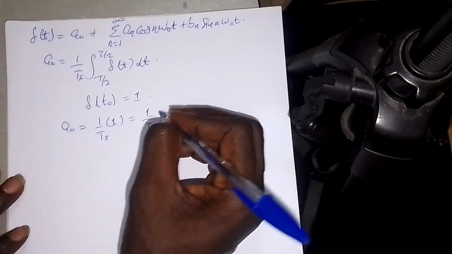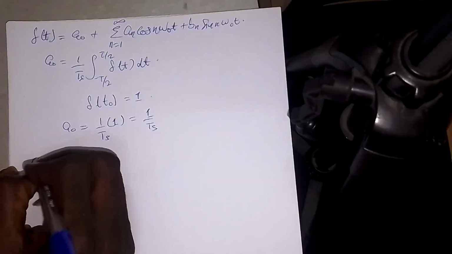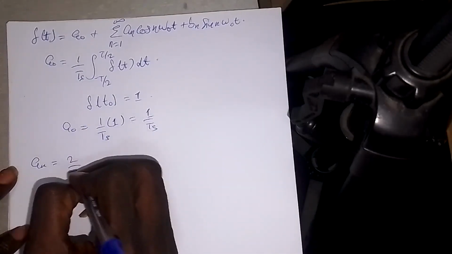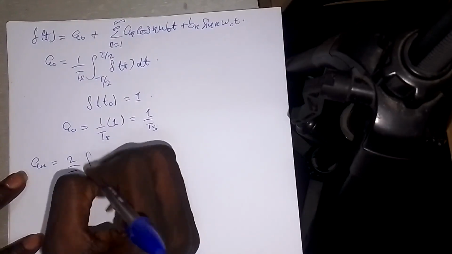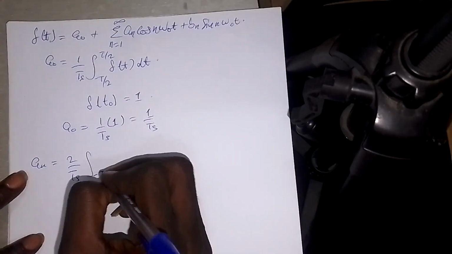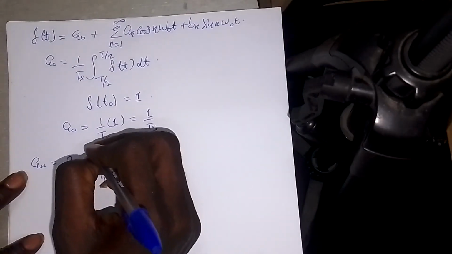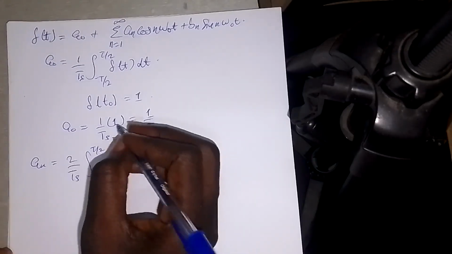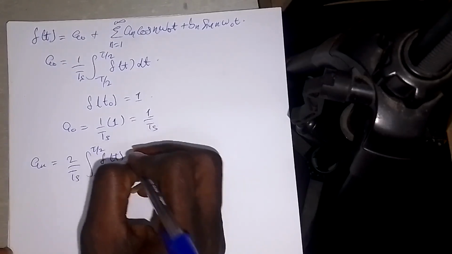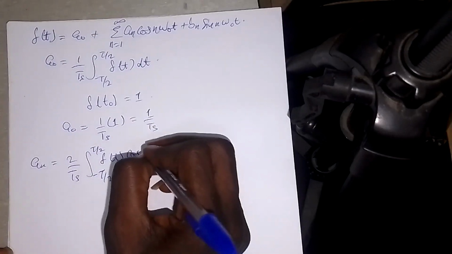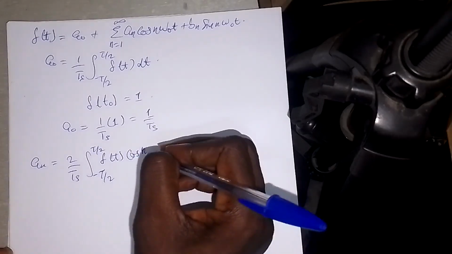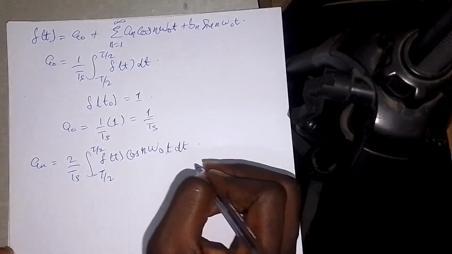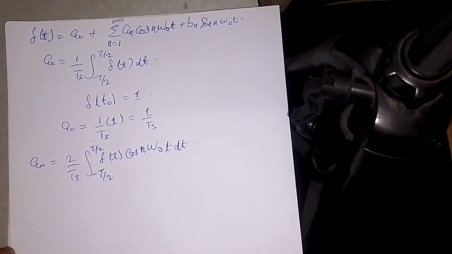Okay, so now let me just find my an. To find the an, you just have 2 over Ts into the integral from minus T on 2 to T on 2 of delta of t into cos n omega naught t dt.